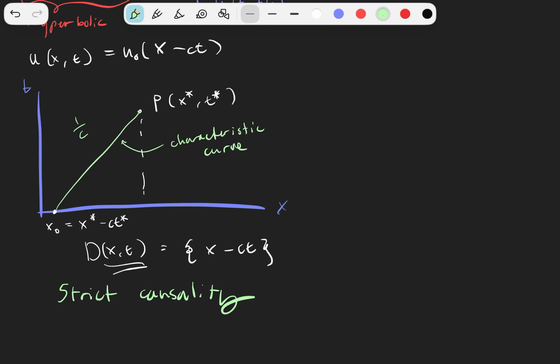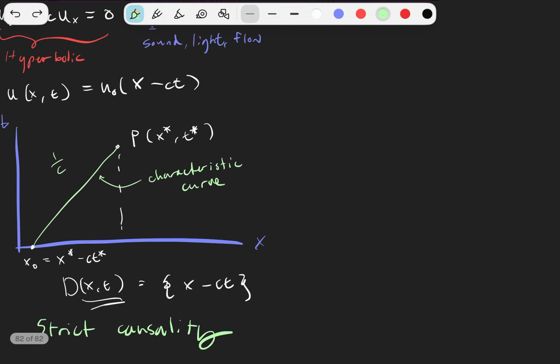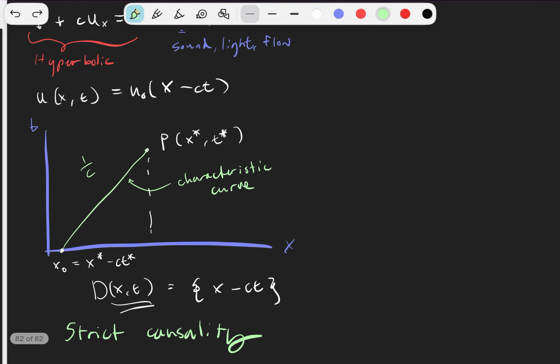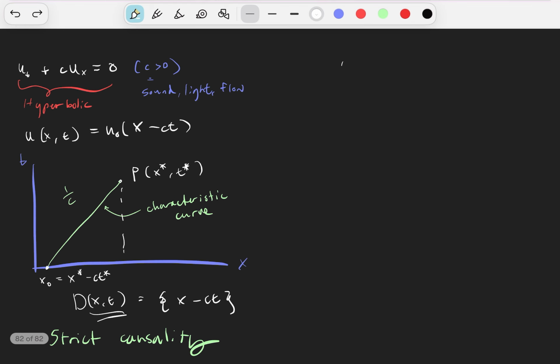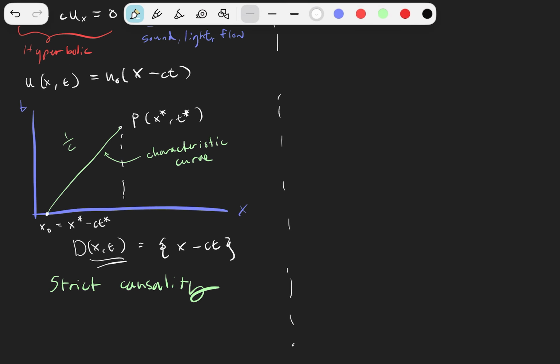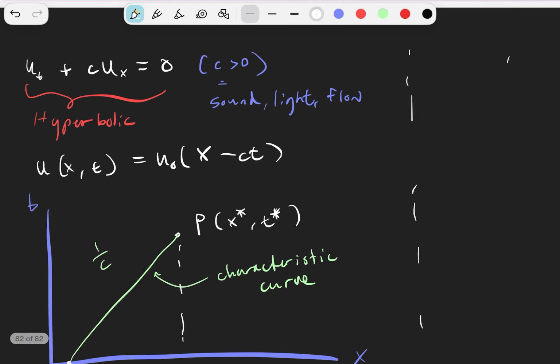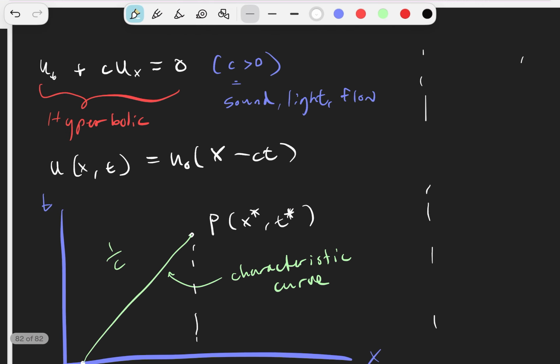And events outside of this line are invisible to every point in the future. All right? That's an important understanding that you need to have about how information propagates, given its hyperbolic description.